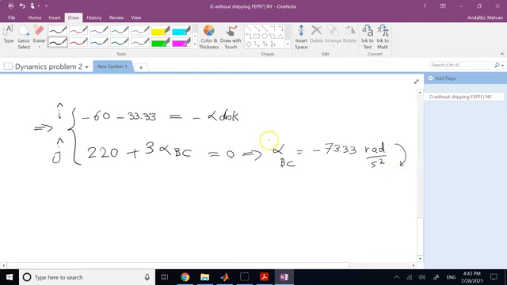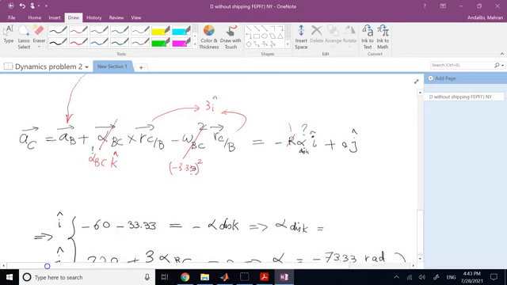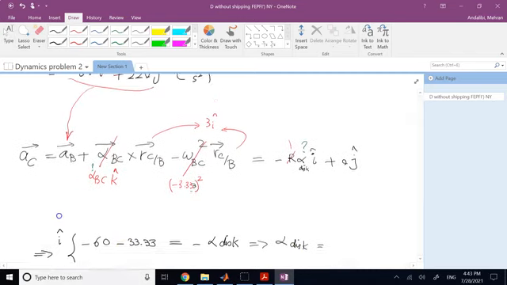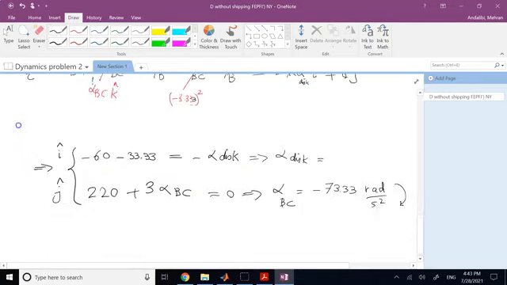And if I plug that now up into the top equation, or actually the top equation doesn't need it. Yes, it's just directly giving you alpha of the disk. Good. So alpha of the disk, typically there is an alpha CD, but in this case, there is none.